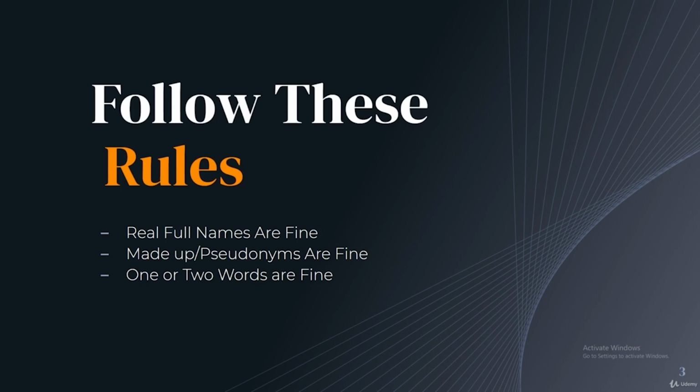And last but not least, in the rules, one or two words are fine. So don't use more than two words in your name. For example, Nick Nixon is two words, or you can use two regular words. Let's say, if you remember the Cynical Brit channel or Total Biscuit, unfortunately he passed away already. He was an amazing gaming critic.